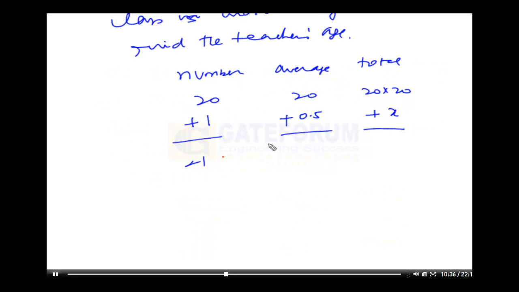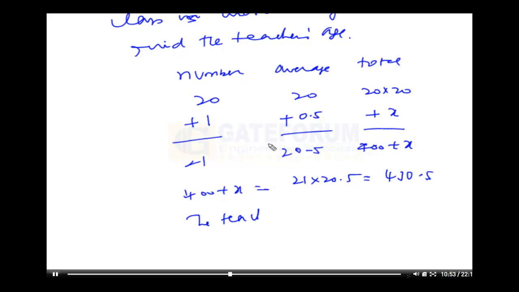So for 21 items, 20.5 is the new average and 400 plus x is the total. So 400 plus x is equal to 21 into 20.5, which gives you 430.5. So the teacher's age is 30 and a half years.